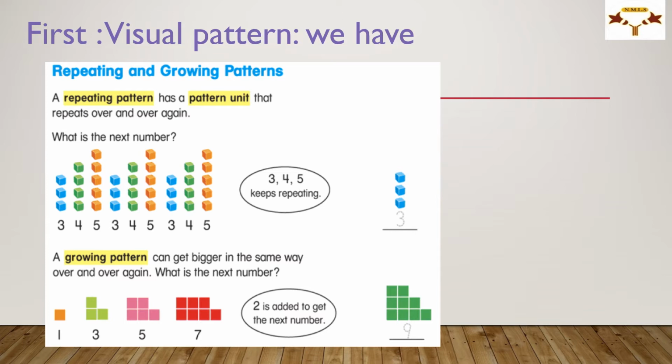Here I have 1 square, this 1 square becomes 3, then 5, then 7. You can figure out that each time we add 2 more squares, so you can guess the next pattern. Yes, excellent, it will be 9. So we start with 1, then 3, 5, 7 and 9.